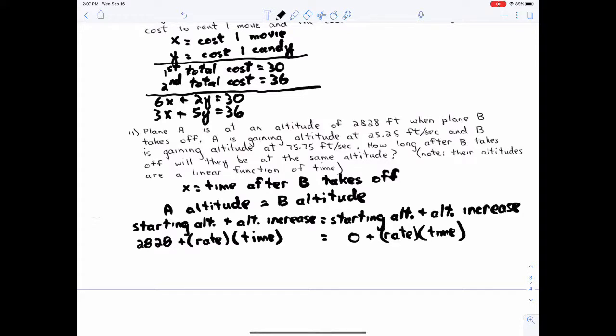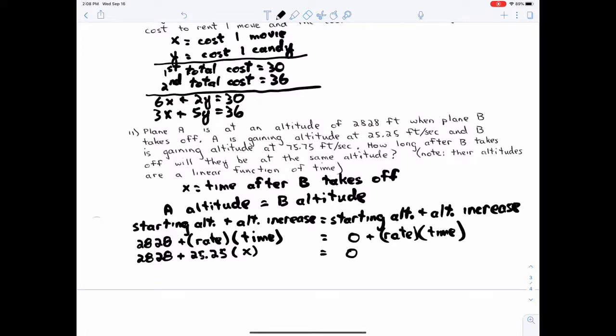All right, so we have 28. What's the rate of altitude gain? 25.25. And then the time is x, because this whole problem starts at the point at which B takes off.